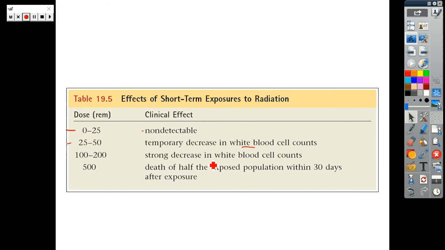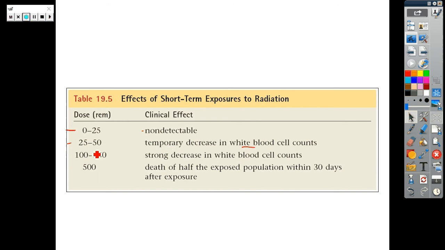And you might remember from biology class that white blood cells are the cells that will fight infection in the body. So if you get sick, then the white blood cells are the ones that tend to attack the virus and all that kind of stuff and help make you well again. So if you have a decrease in white blood cell count, then that means you might be able to get sick easier.